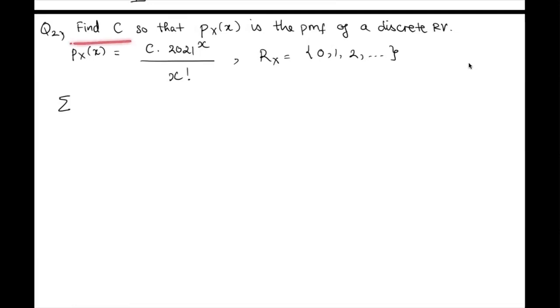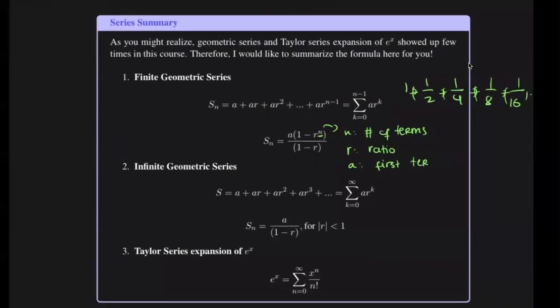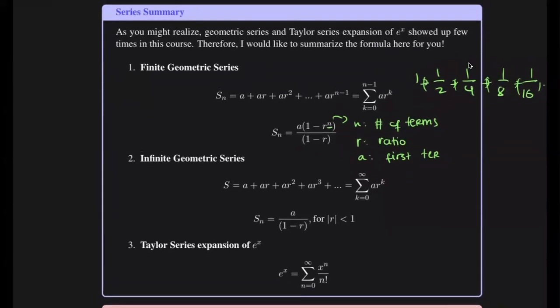So for this one, we have to use the fact that the summation of the probability is equal to 1. And then you would also need some formulas. I created this one for the winter 107, but we can use it here. For this course, these are the 3 formulas from calculus that you should know.